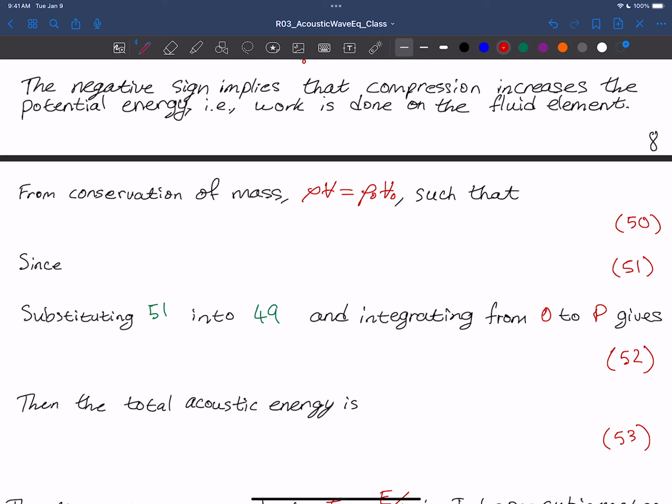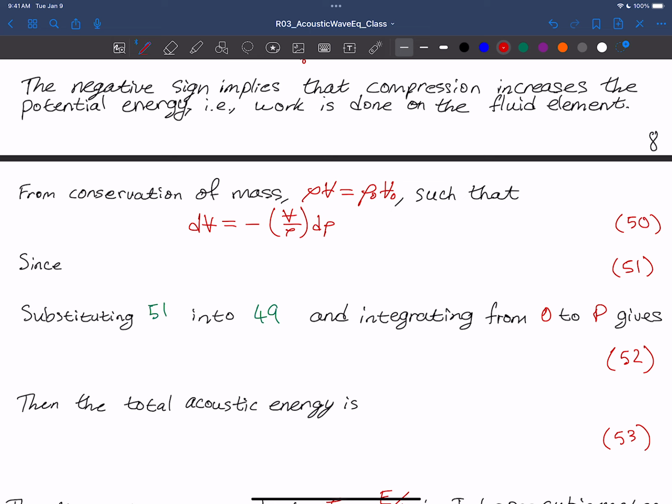And from there, we can write that dV is equal to minus V over rho times d rho.